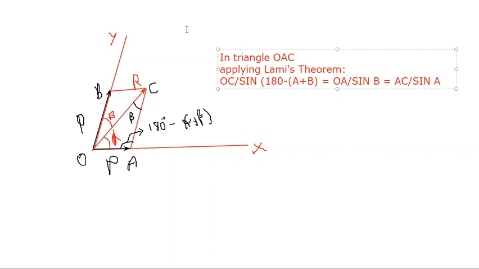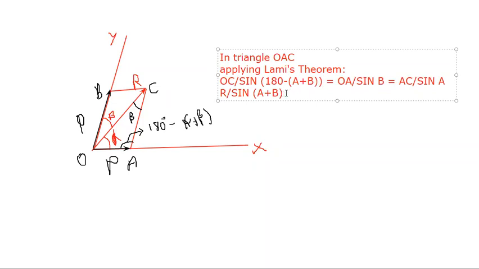Yes, sir. So now if you put the values, OC is R, OA is P, and AC is Q, right? So what do you get? R divided by sine A plus B, sine 180 degree minus alpha plus beta is nothing but sine A plus B. 180 degree minus A plus B is A plus B only.